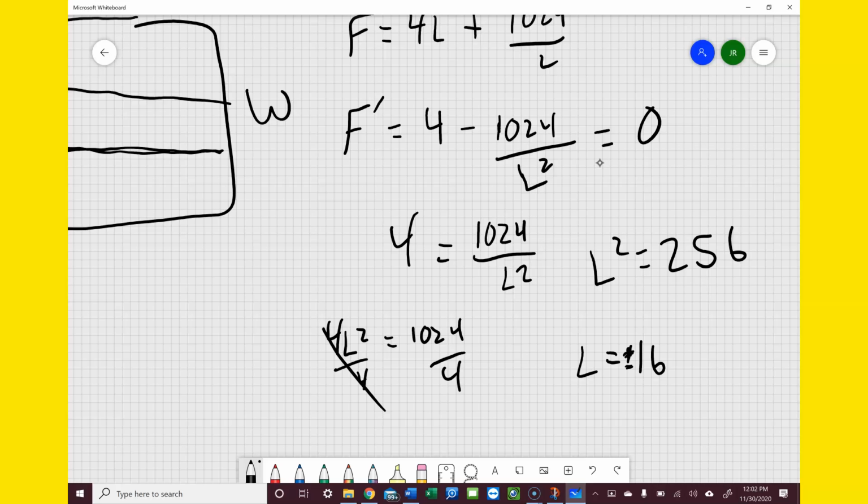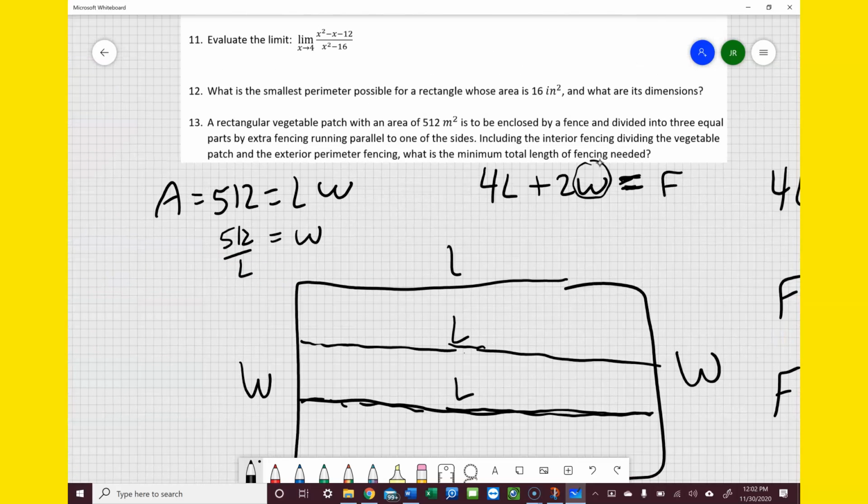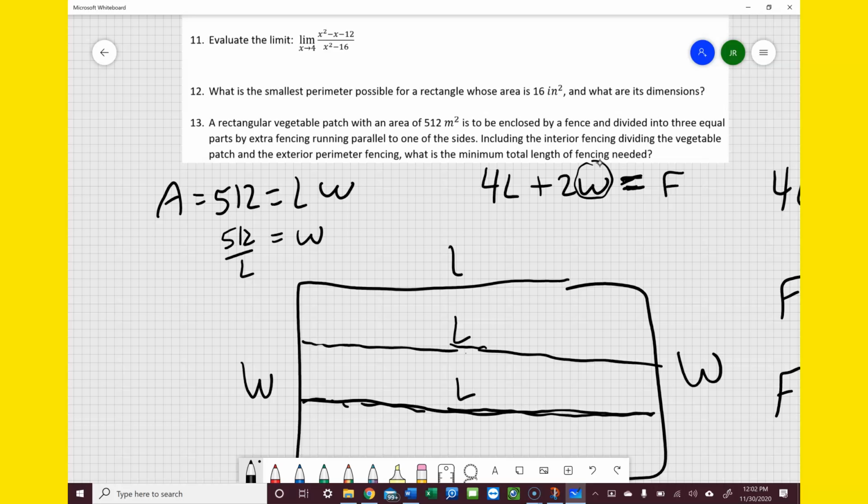So obviously it's just going to be the positive one since we're dealing with length. So L is 16. Then I've got to do 512 divided by that. Let me do my calculator here.